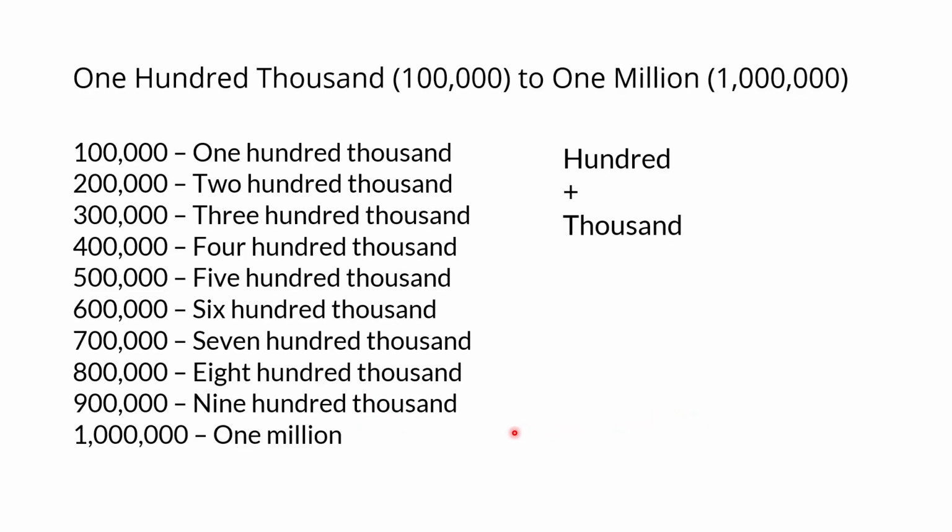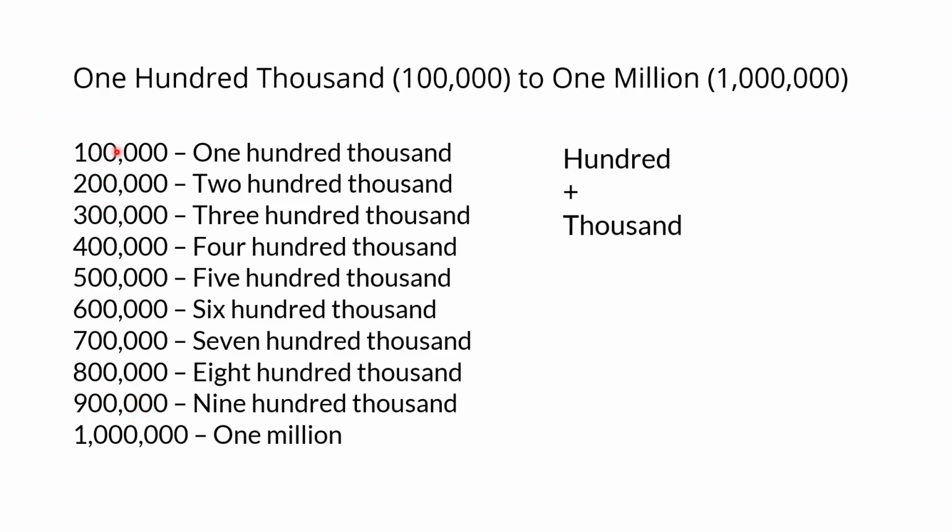Okay, so let's move on to 100,000 to 1 million. Earlier on I made a slight typo, so the thousands go all the way up to 999 instead of the 99 that I had written by accident.